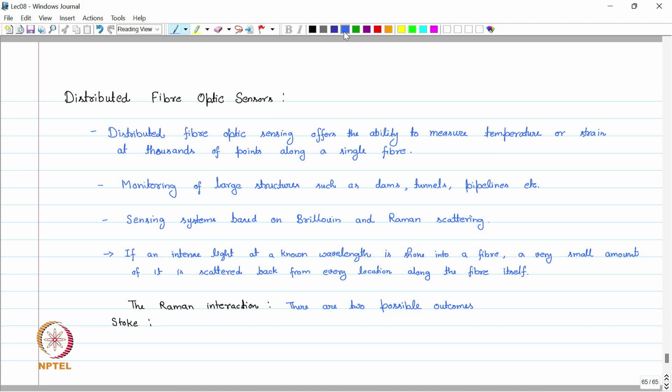This is the outcome when the material, or the optical fiber, absorbs energy, and the emitted photon has a lower energy.